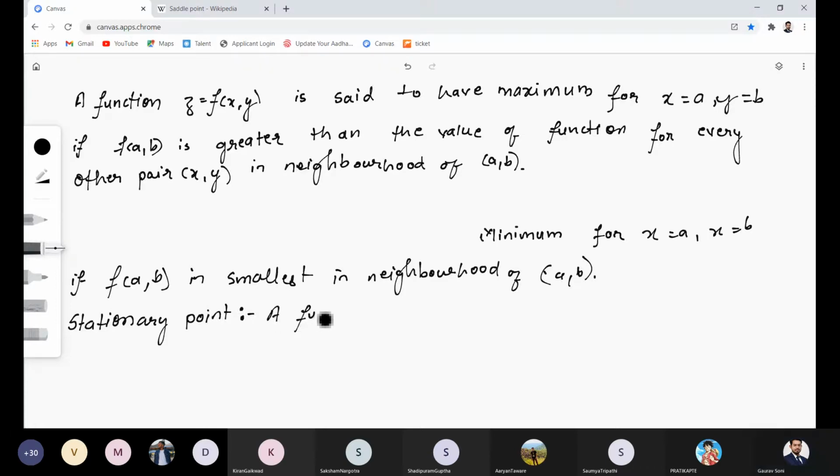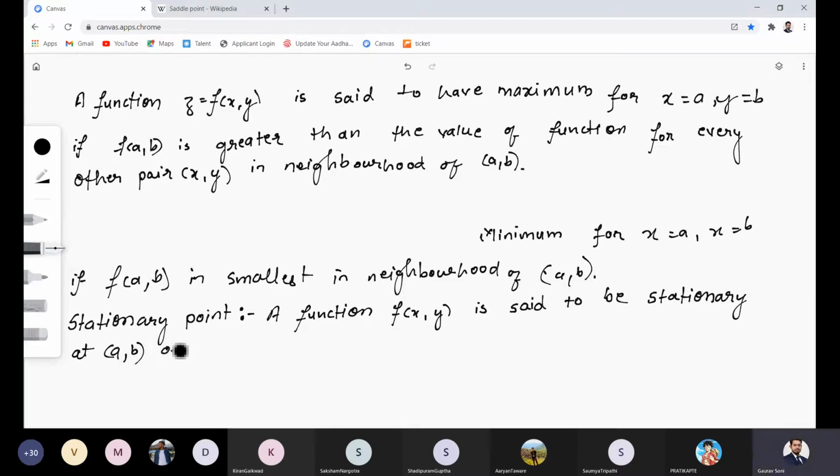A function f of x comma y is said to be stationary at a comma b, or f of a comma b, if f suffix x of a b is equal to 0, comma, f suffix y of a b is equal to 0.